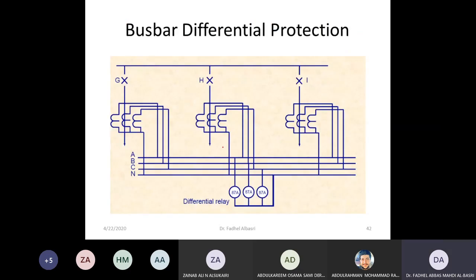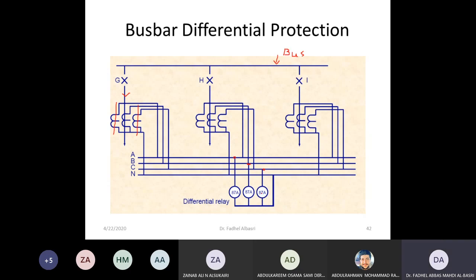We can also apply differential on a bus bar. If I have a bus bar, this is the bus bar, and these are the circuits leaving or entering the bus bar. If you connect on each phase one CT of this feeder, we have three phases. Then you connect each phase A with phase A with phase A, and it goes to the phase A relay, and phase B relay, and phase C relay.